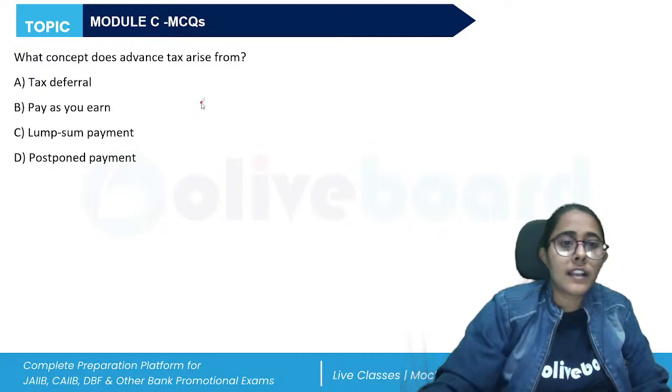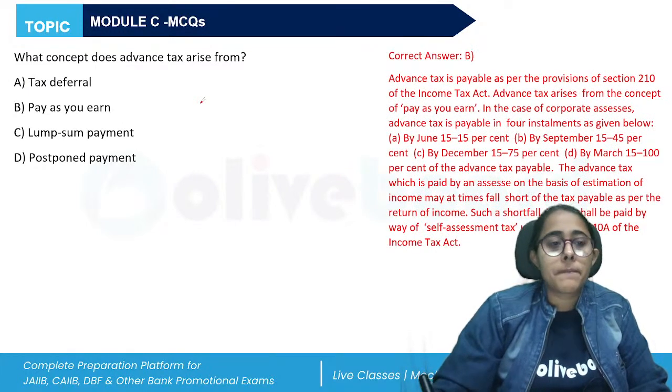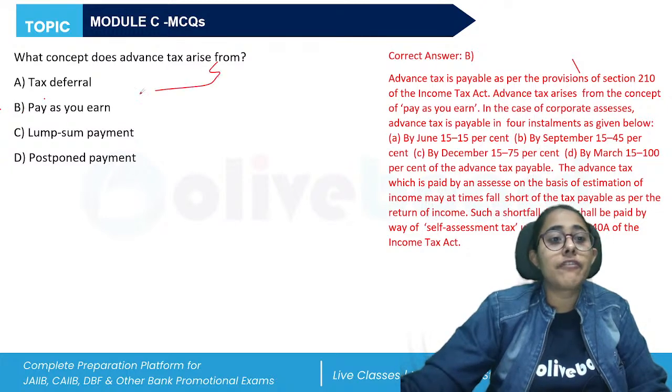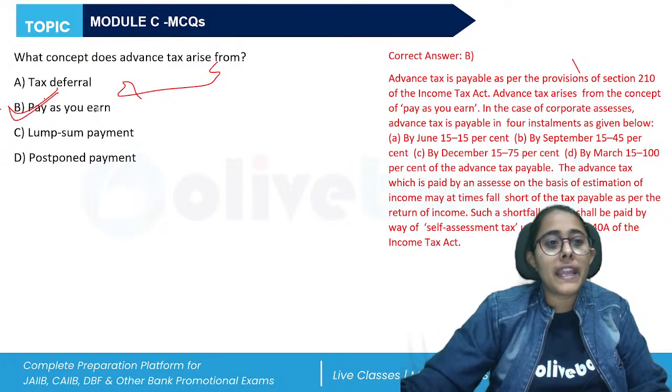So here the correct answer will be option B, that is pay as you earn, because it is talking about the advance tax. You will pay as you earn.